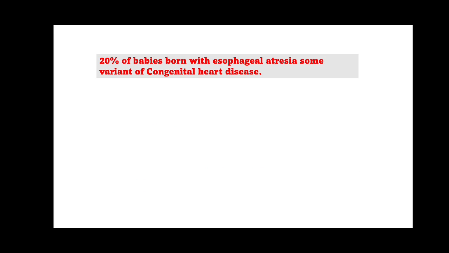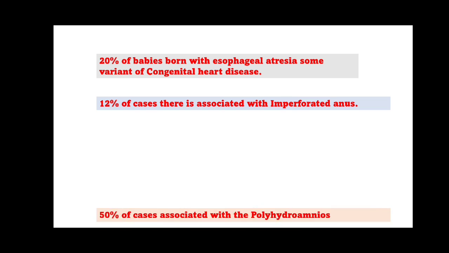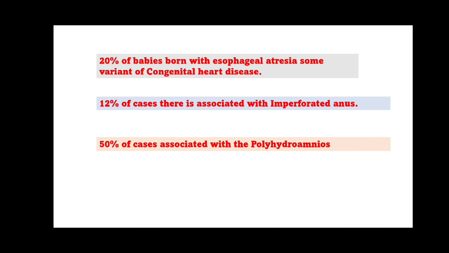About 20% of babies born with esophageal anomalies have congenital heart disease. 12% of cases are associated with imperforate anus or anal agenesis. 50% of cases are associated with polyhydramnios. Polyhydramnios is the most common defect associated with congenital anomaly of the esophagus. Polyhydramnios means an excessive amount of amniotic fluid.